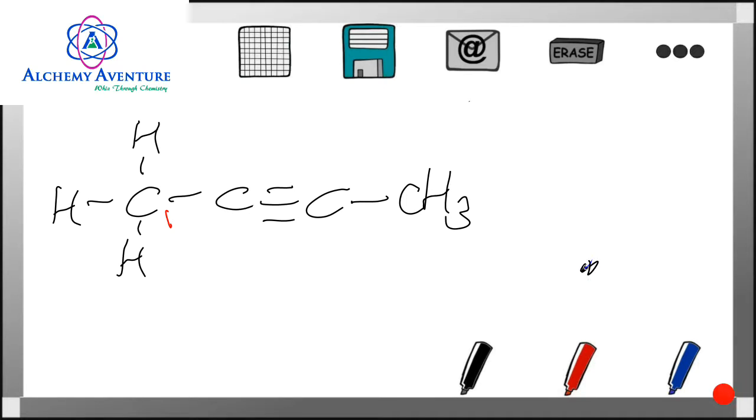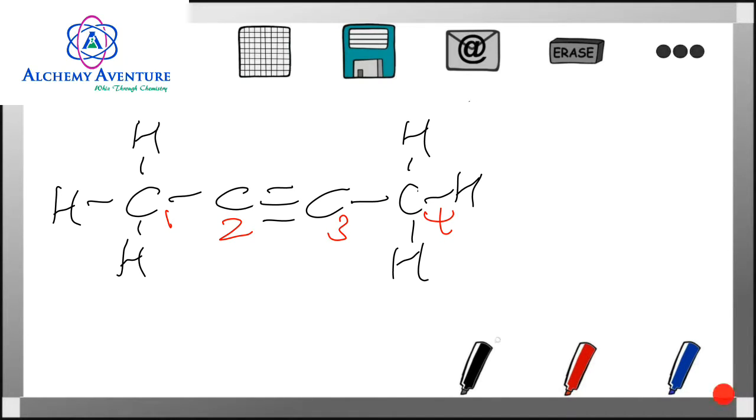Alright. Similarly, let me just draw this in the displayed formula first. Okay, now, let's count the total number of carbon atoms. 1, 2, 3, 4. And since a triple bond lies between carbon 2 and 3, we'll just replace it with 3 parallel lines.